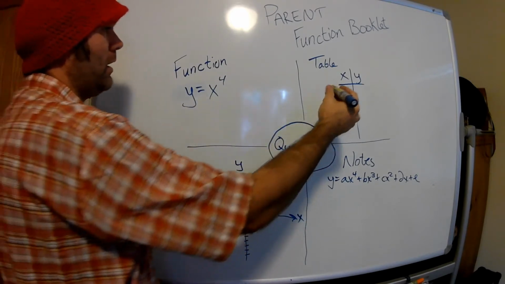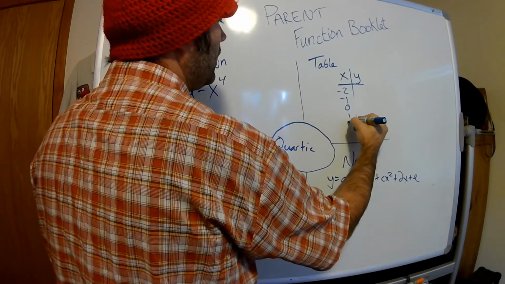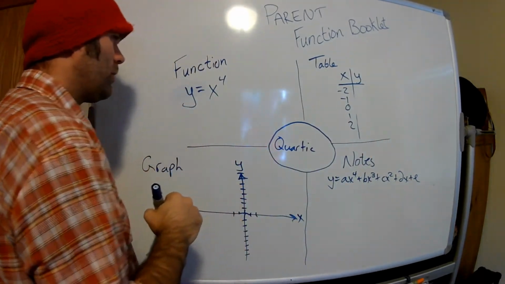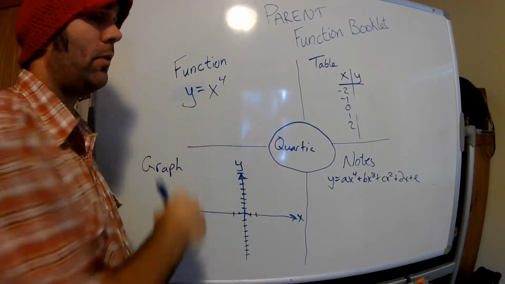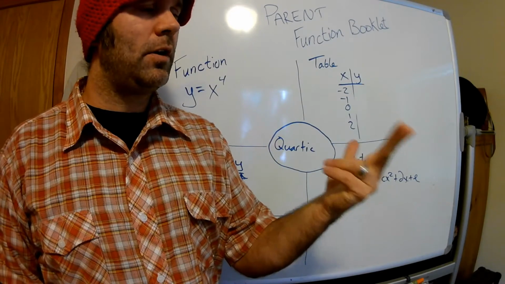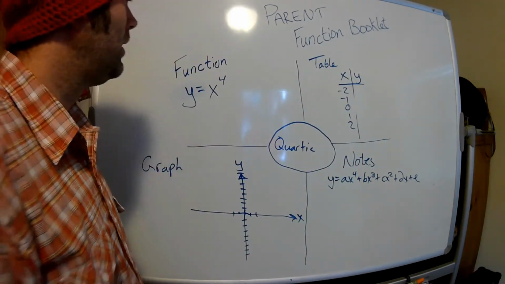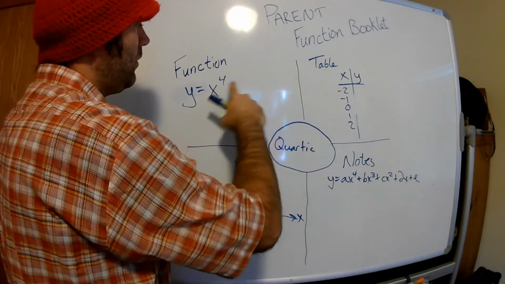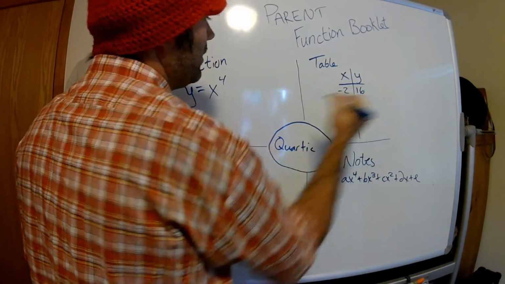And we're going to go ahead and do the same set of numbers, -2, -1, 0, 1, and 2 with the quartic. And so -2 to the 4th, that's 2 times 2 times 2 times 2. Well, we already know that 2 cubed is 8, times 2 is 16, and 4 negatives make a positive, so it's positive 16.